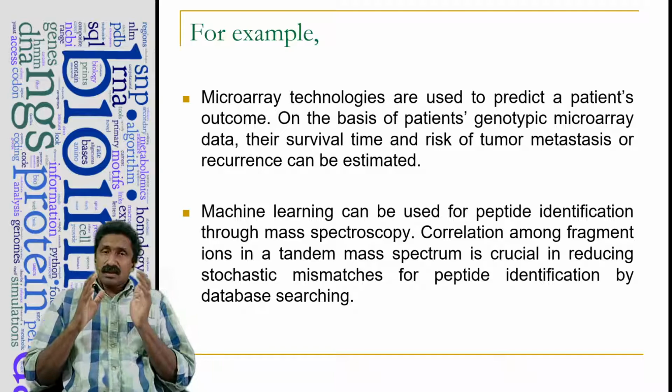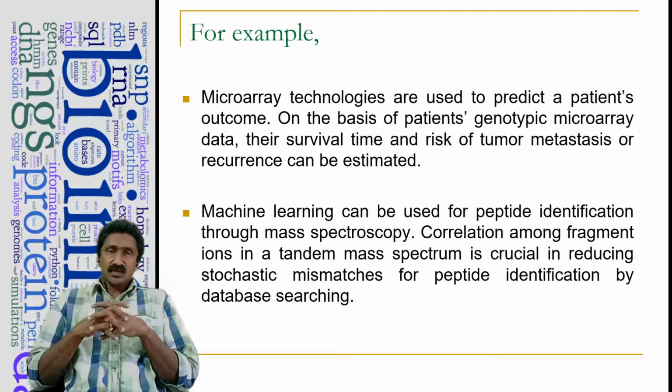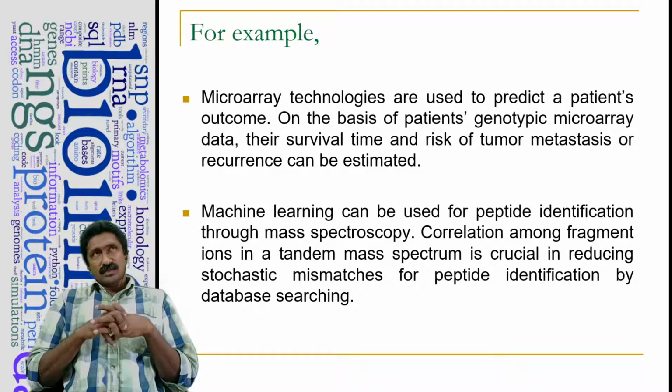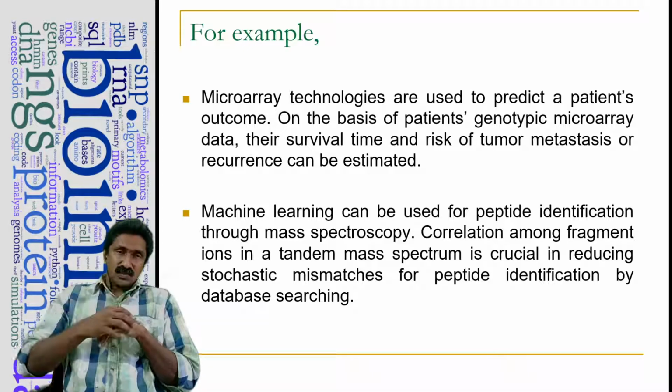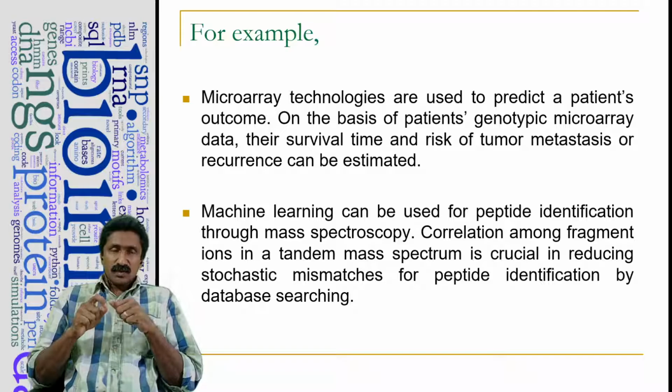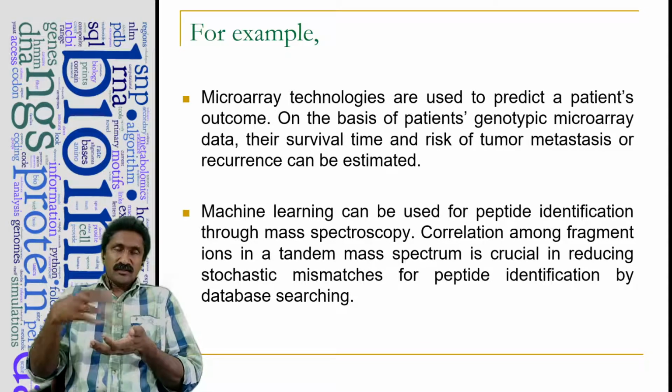Then machine learning can be used for peptide identification through mass spectroscopy. Usually in mass spectroscopy, for example, a purified protein is given to the mass spectrometer. Usually it will break that down into different fragments.